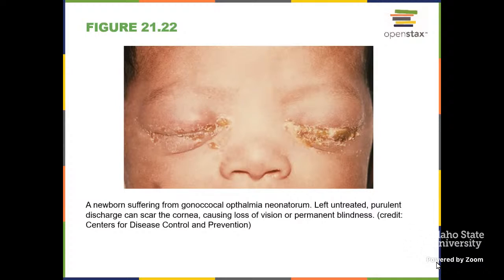So every child, at least in the US, born in a hospital, they have to treat them even if the mother has a clean bill of health, which the majority of them do. They don't have gonorrhea, but they treat them all because you want to prevent this. It's just better safe than sorry, all right? So the addition of some antibiotics helps to ensure that if they did come in contact in transit through the birth canal, this doesn't result.